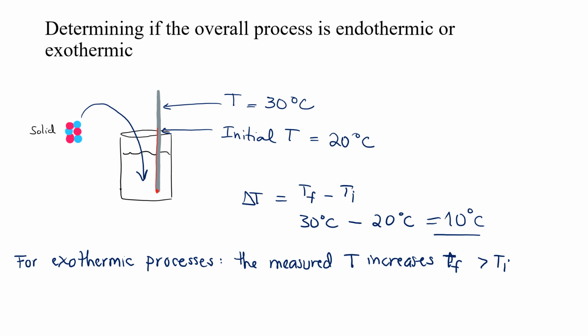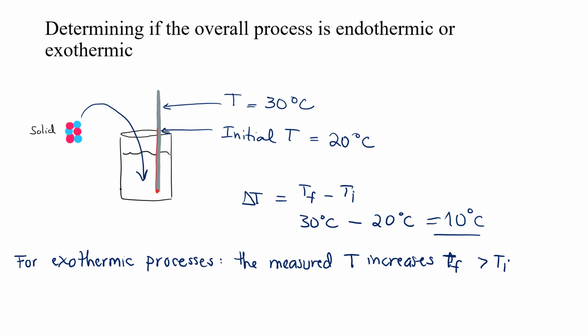The temperature is increasing, but not because the process is endothermic. The temperature is increasing because energy is being released from the solute-solvent interaction. The formation of those interactions is releasing energy. Now that amount of energy is actually going into the solution and is responsible for increasing the temperature.